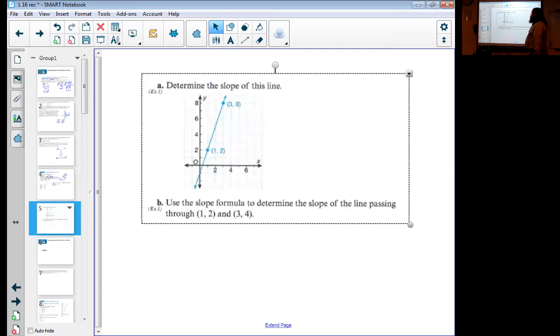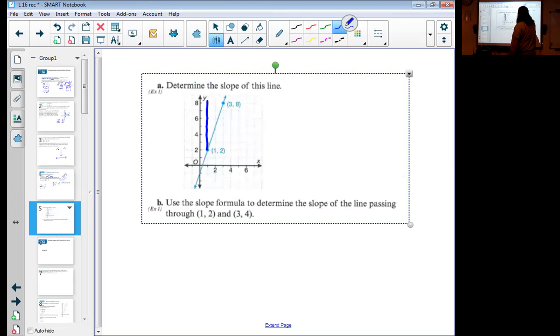So now here are another 2 examples. Here we already have a graph. If you remember, I always say if there's no graph, graphing will make it easy. So here we have a graph. You go up 1, 2, 3, 4, 5, 6.